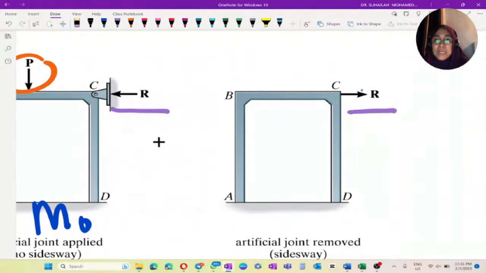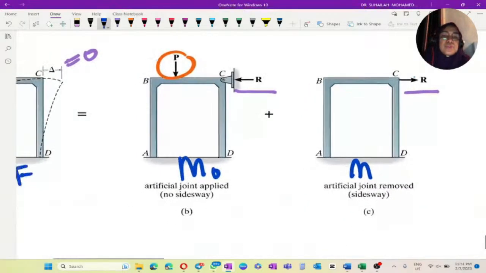So the end moment due to side sway, or due to R, we label as M.